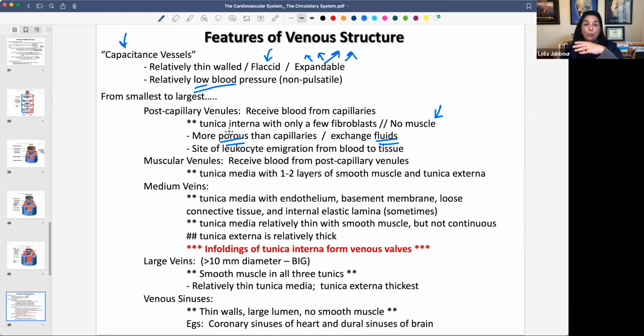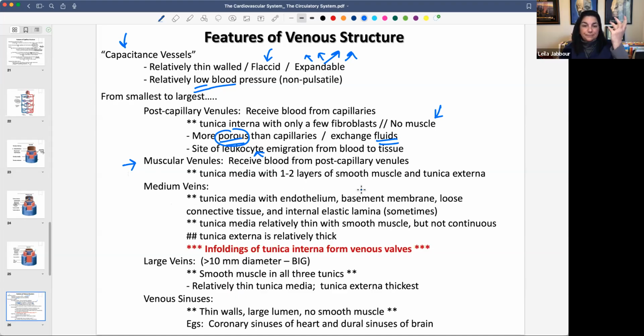And because they're more porous, this is a perfect spot for these leukocytes, the white blood cells, to leave the bloodstream and get into the tissue, and do their thing if it's needed there. The venules have a tunica media with 1 to 2 layers of smooth muscles. So that's starting to build up.